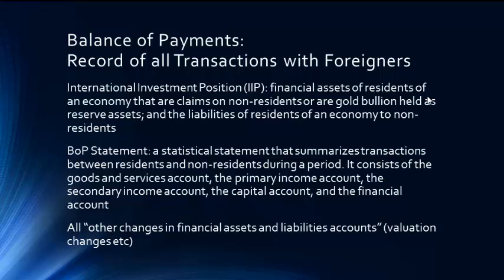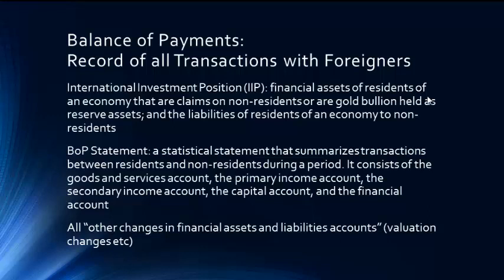So if I have foreign assets like foreign stocks, these are my claims on outsiders, and then foreigners can also be holding Pakistani stocks and Pakistani bonds, and those are the financial claims of others. So this has to be added and subtracted to get the net position.